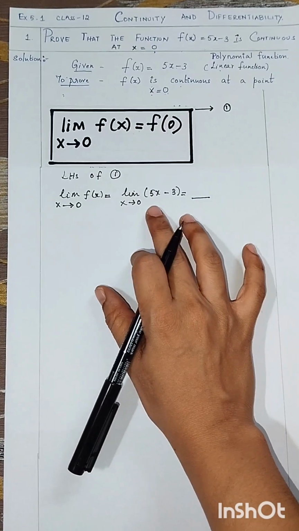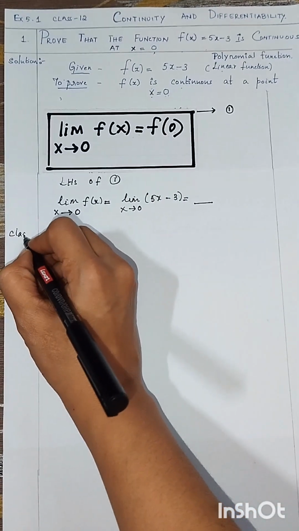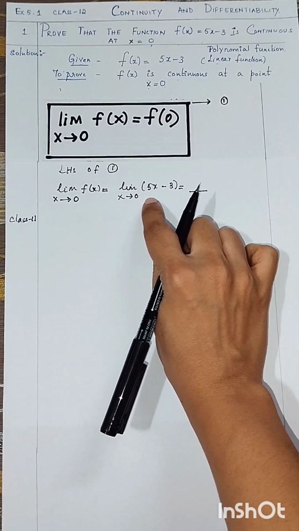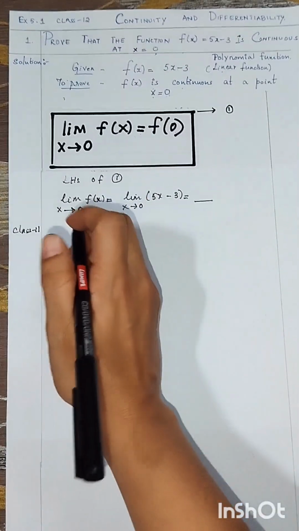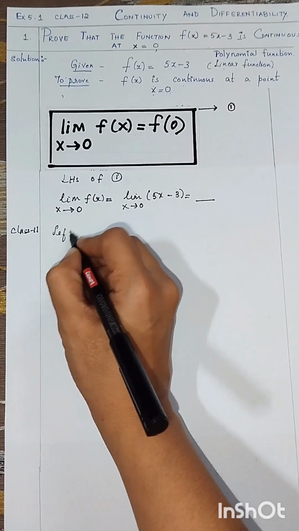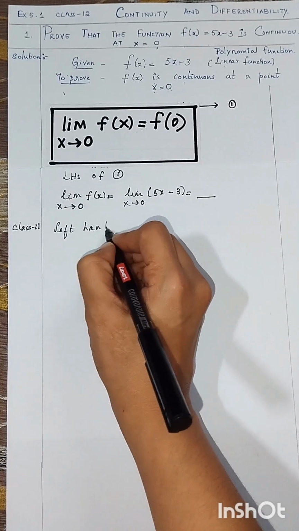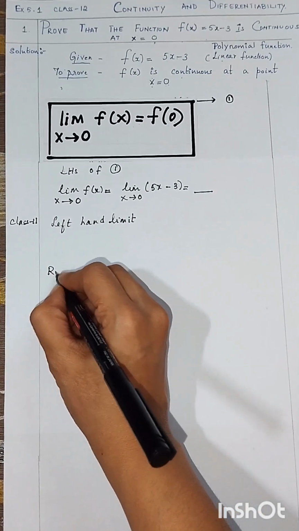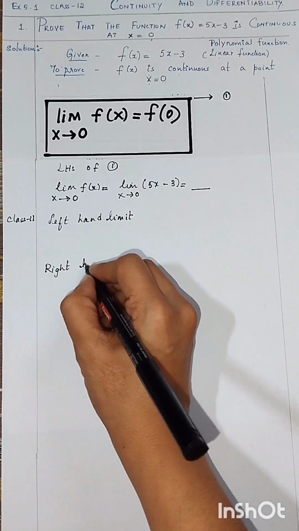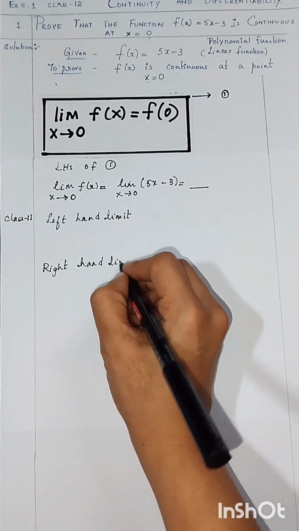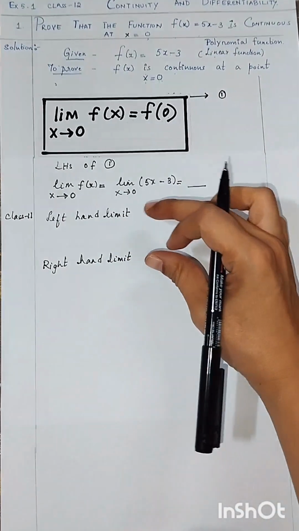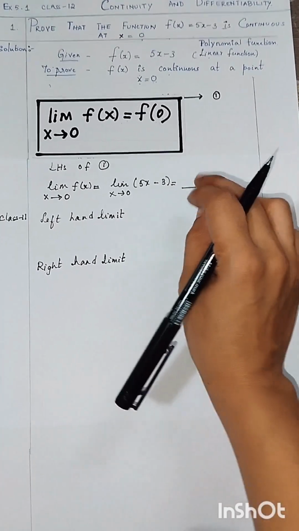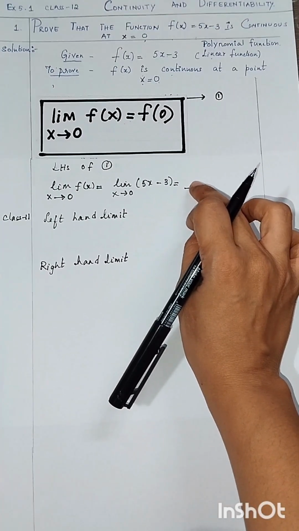In class 11 we have studied how to find the limit value. So we will break this down into two parts. One is the left hand limit. The other one is the right hand limit. When these two values are equal, we say that the limit exists and the same value will be the limit of the function at the given point.